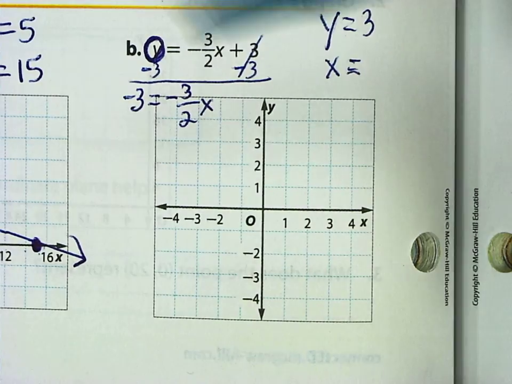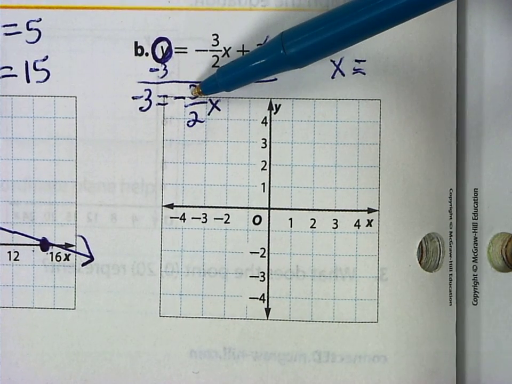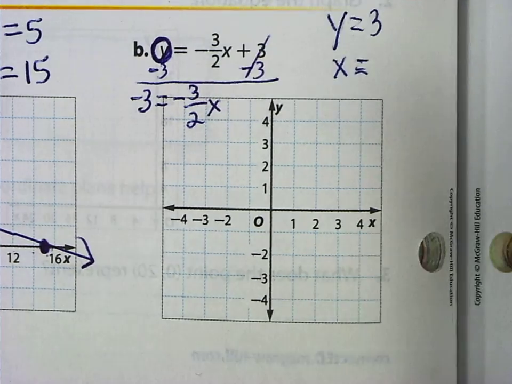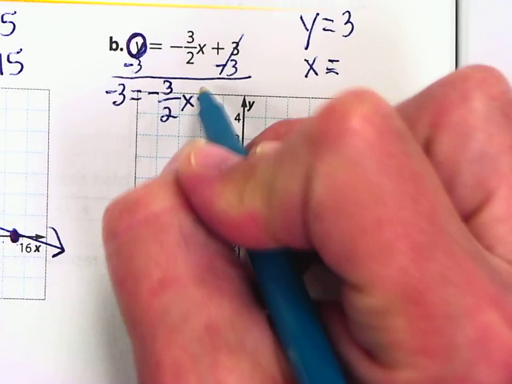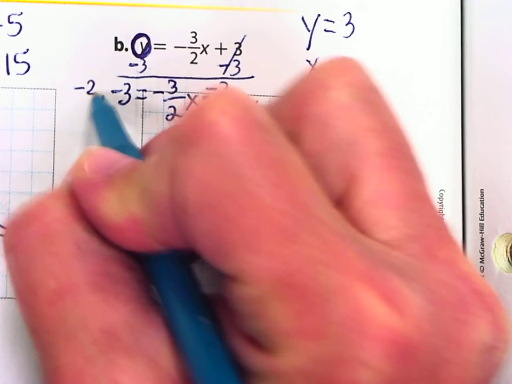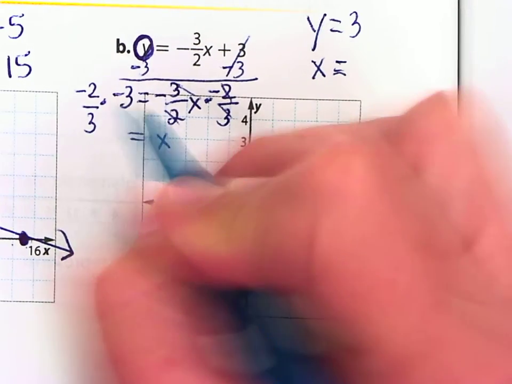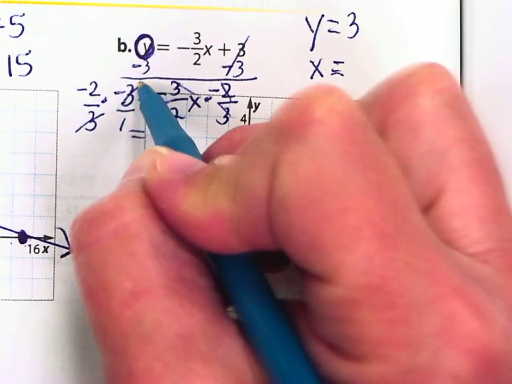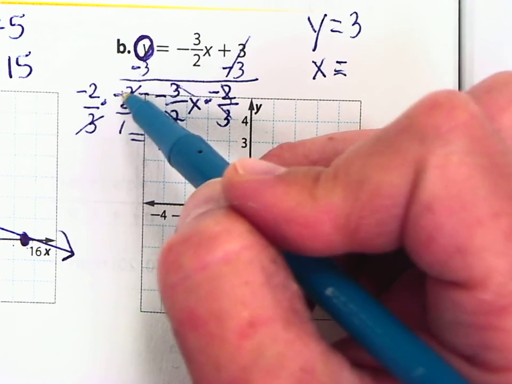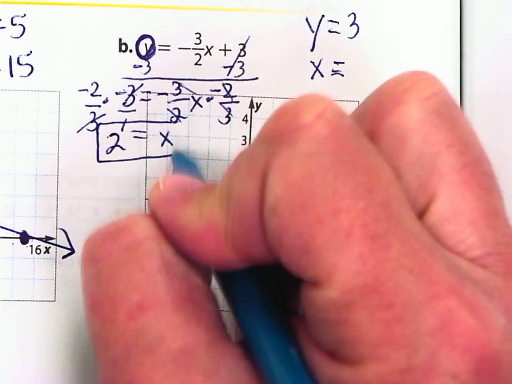In order to get rid of this fraction next to my variable, I flip it and multiply both sides by the reciprocal, negative 2/3. So these cancel out, and I have x equals. I can reduce my 3's, and with two negatives, the product is positive, and 2 times 1 is 2. So my x-intercept is 2.